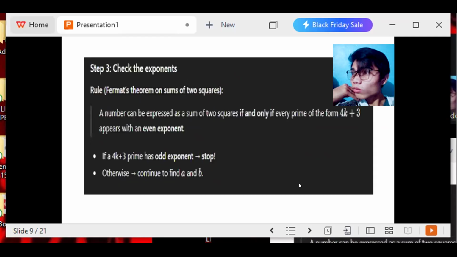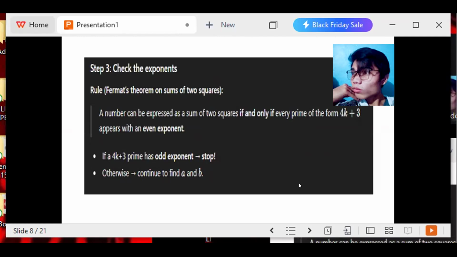So I don't want you to be confused. If a number has a prime factorization and its prime factors of the form 4k plus 3 have an even exponent, you continue. But if the 4k plus 3 has an odd exponent, stop. But if you found the prime factorization of a certain number which is 4k plus 1, it's okay for it to have an odd exponent.